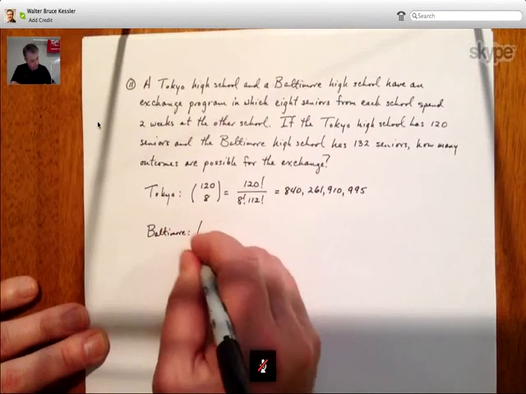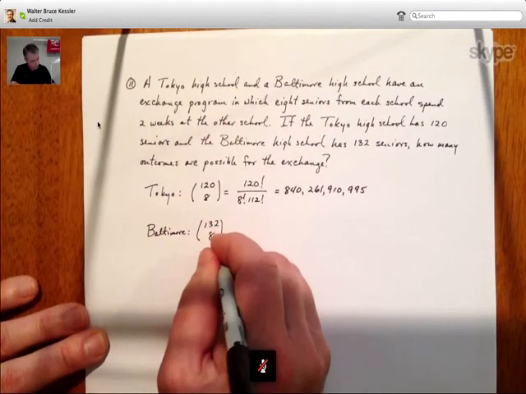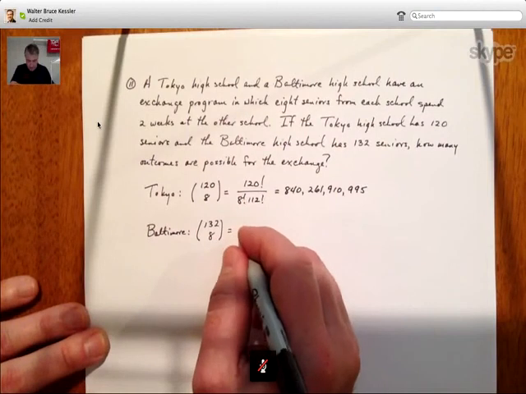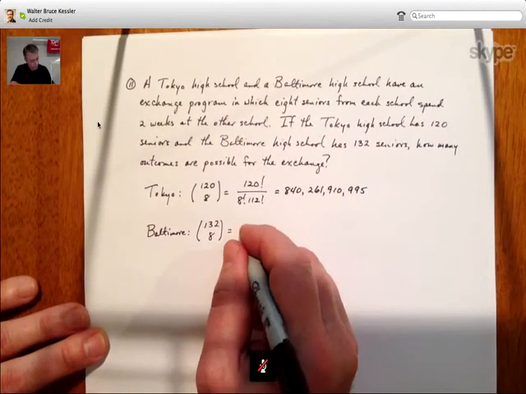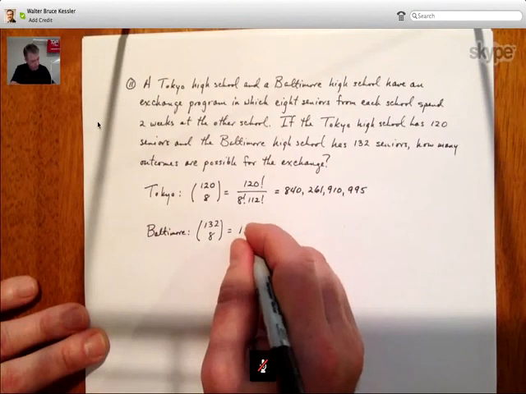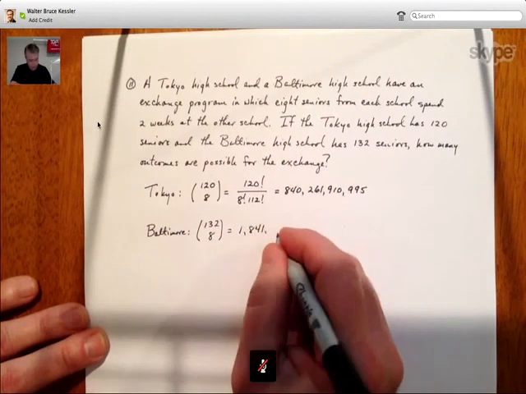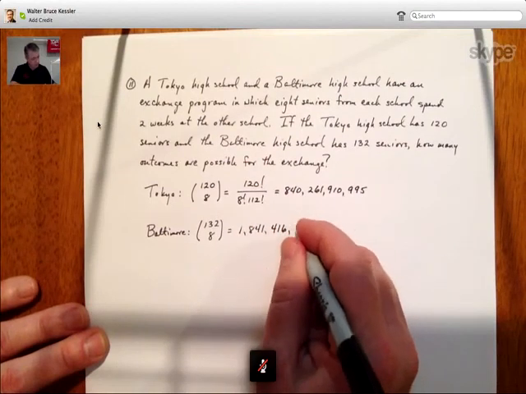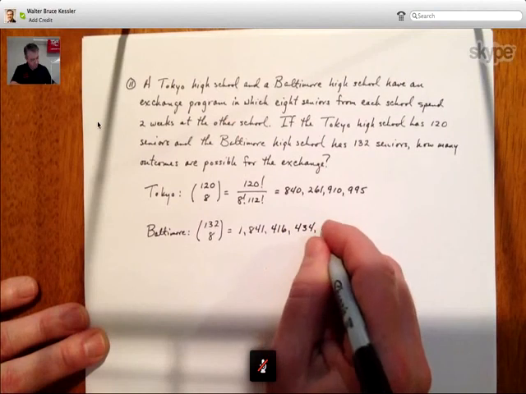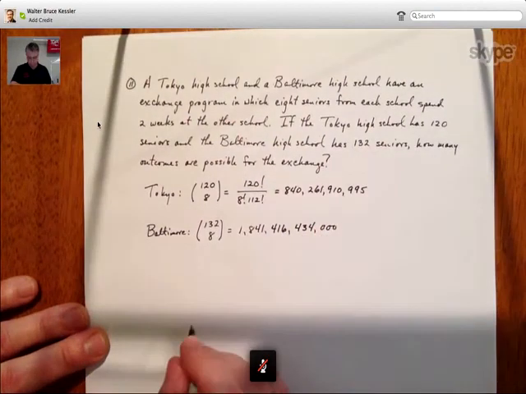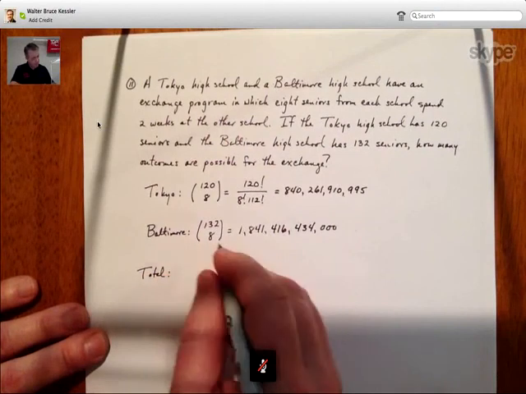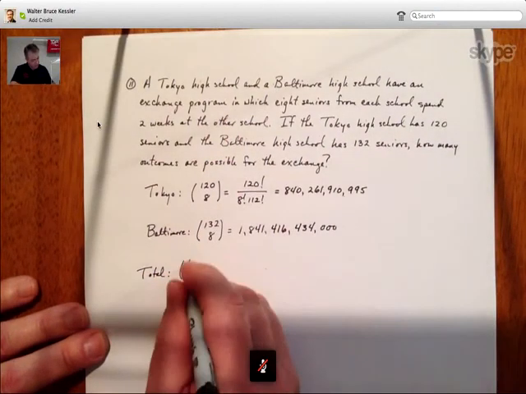And then for Baltimore, it's 132 choose 8, which I'm just going straight to the number. It's 1,841,000,000,000, billions and billions, 416,434,000. So the total number of ways to do this, you multiply.